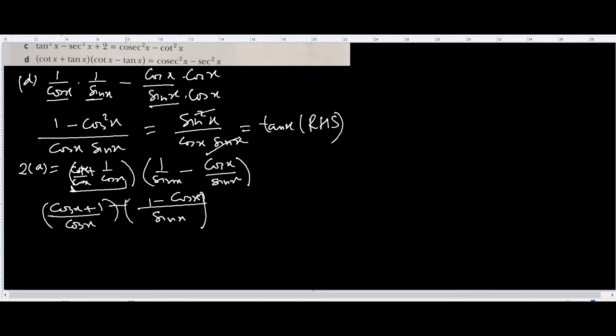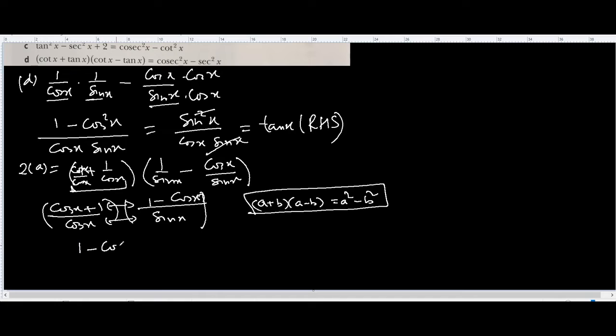Alright. So the numerator will multiply with numerator, denominator will multiply with denominator. So here we have this identity kind of situation. A plus b, a minus b equal to a square minus b square. This is an identity, as I told you in the tricks. This is what we'll use here. So it is a plus b, a minus b situation here. So it will be 1 square, which is 1 minus cos square x. That will be the numerator, and denominator will be cos x sin x.